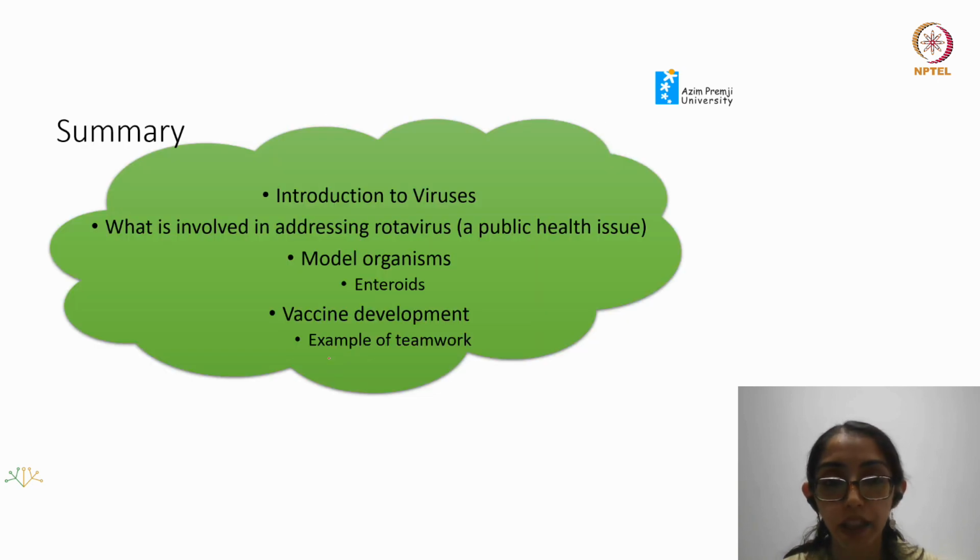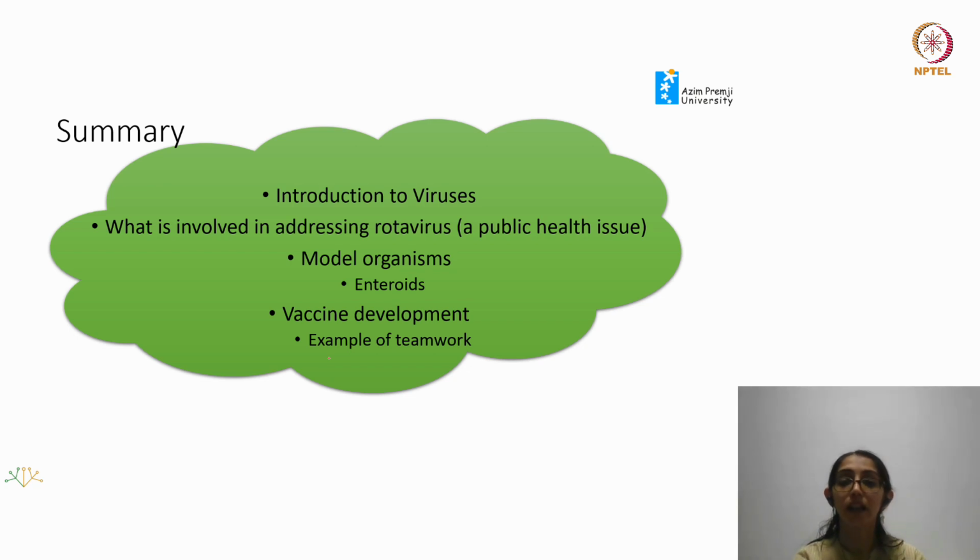And so, in summary, in this lecture, we've had a very brief introduction to different kinds of viruses. We've looked at how a public health issue can or should be addressed, and all of the different facets of a public health issue. We've looked at two different areas of that public health issue in a little more detail.